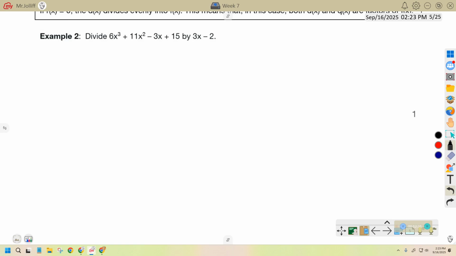That's a degree 3 polynomial. X cubed is the biggest term. What is the degree on the divisor? 1. Linear is a degree 1 polynomial. Good, Brandy. We don't write it when it's 1, because x to the 1 is just x, just like 5 to the 1 is just 5.